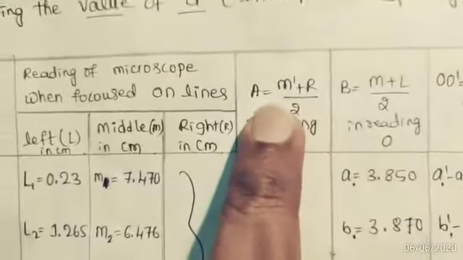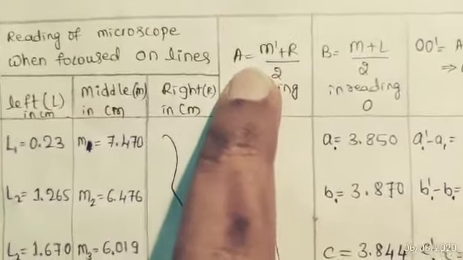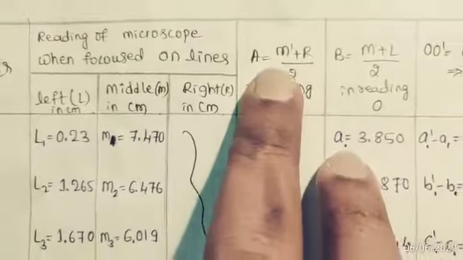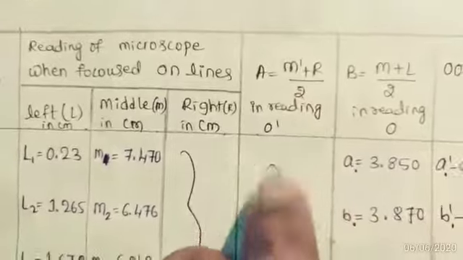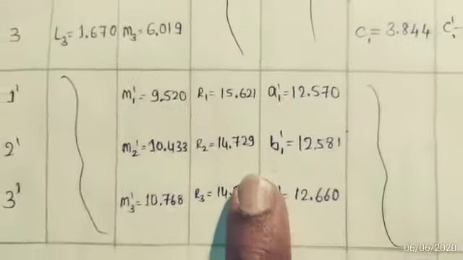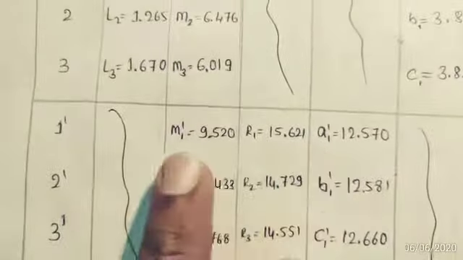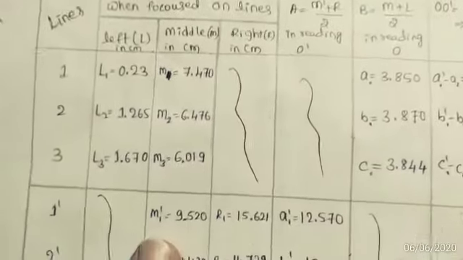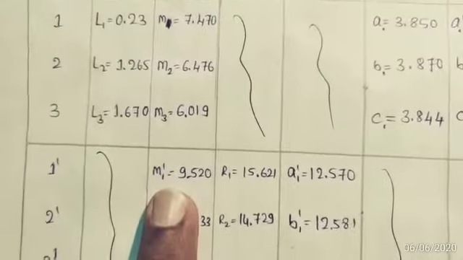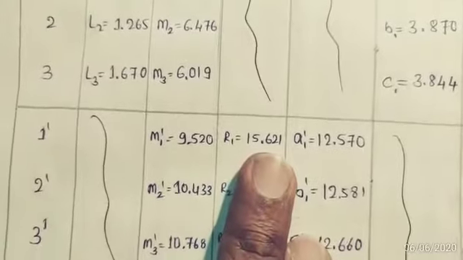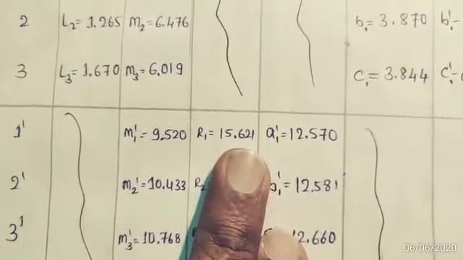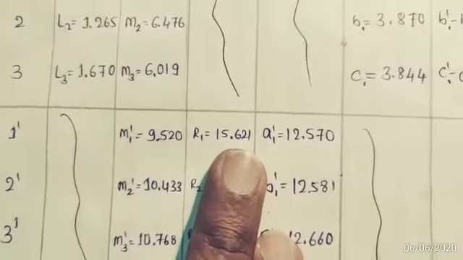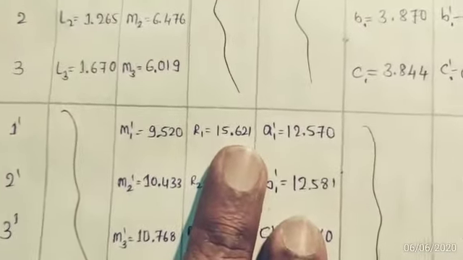Now, calculate capital A, that is (M dash plus R) by 2, that is (9.520 plus 15.621) by 2, it is 12.570.